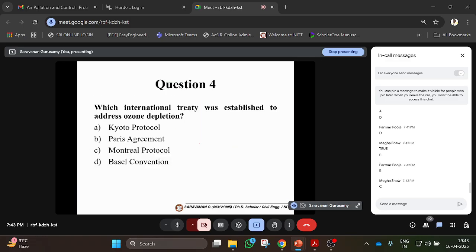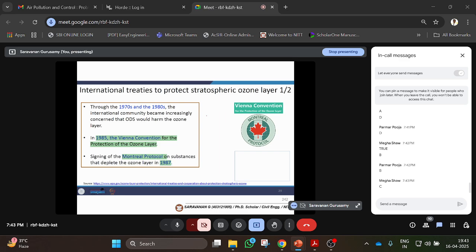Which international treaty was established to address ozone depletion? That also we have discussed in the treaties, right? Ozone depleting substances were banned in the Montreal Protocol. So option C is correct. The Vienna Convention, 1985, paved the way for the Montreal Protocol, which concentrated on the ban of substances that deplete the ozone layer.